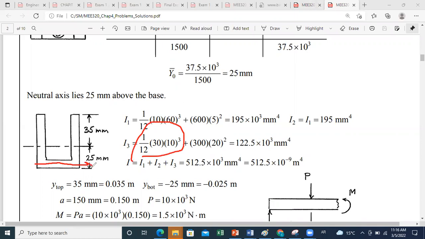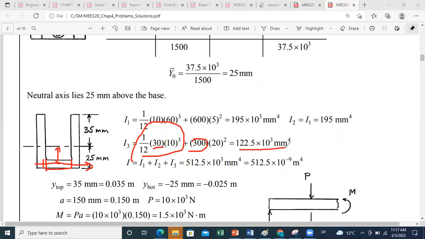Your area is characterized by a dimension parallel to the axis equal to 30 millimeter, and the height is 10. So it's 1/12 times 30 times 10 cubed, plus the area, which is 30 times 10, which is 300, times d squared, which is the distance between these two axes. So you can get the value of I3.